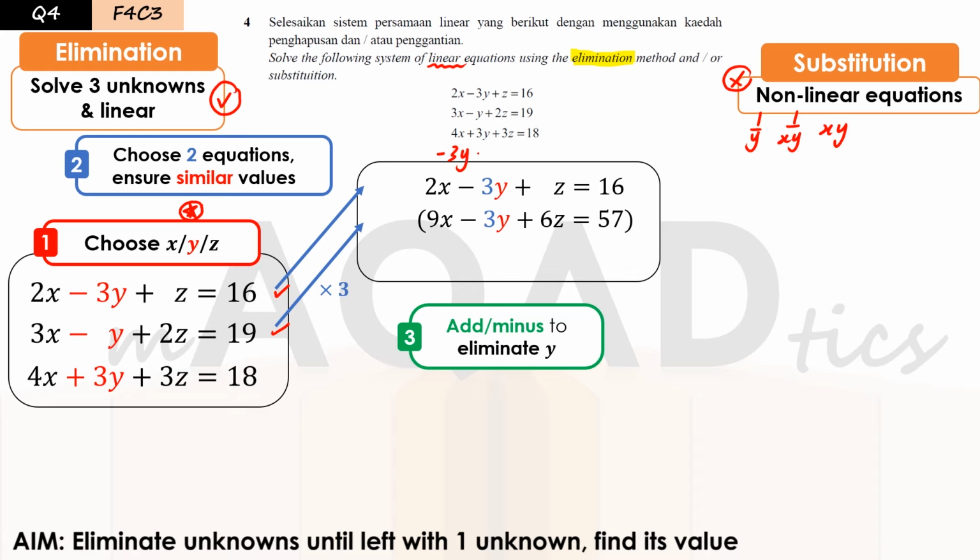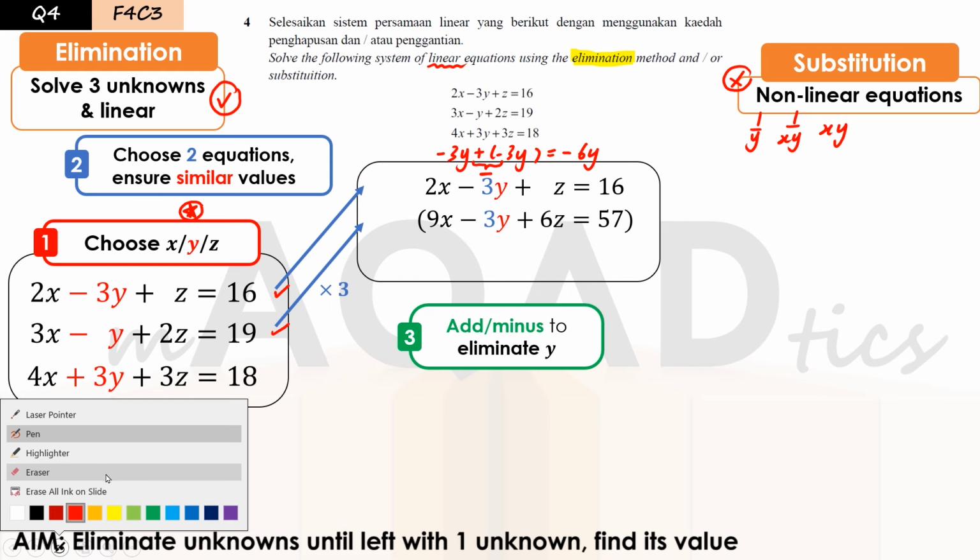Negative 3y added with negative 3y is negative 6y. If we add them together, the value of y does not disappear. So this means we cannot add.